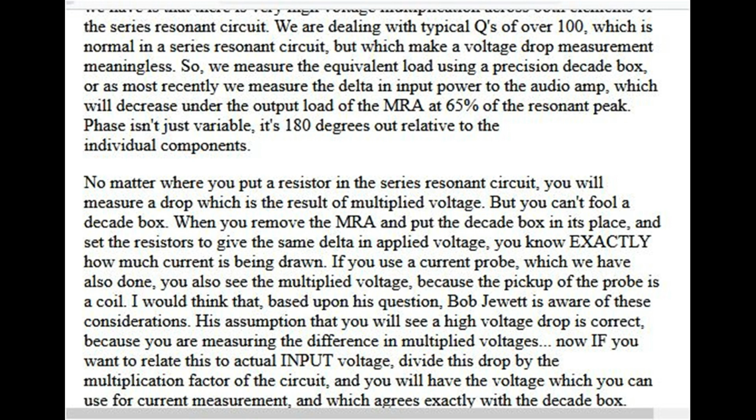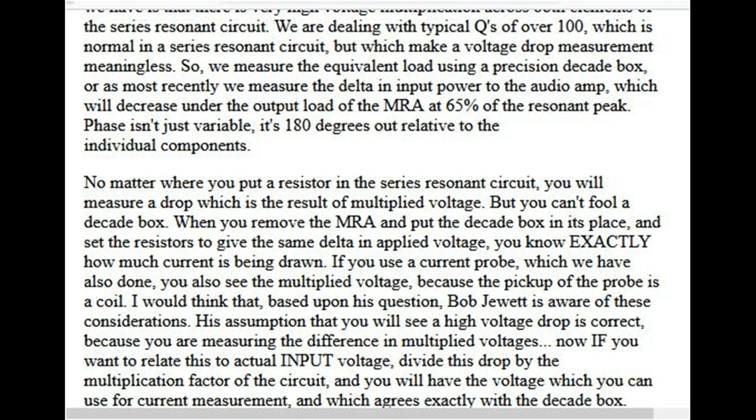But you can't fool a decade box. When you remove the MRA and put the decade box in its place, and set the resistors to give the same delta in applied voltage, you know exactly how much current is being drawn. If you use a current probe, which we have also done, you also see the multiplied voltage, because the pickup of the probe is a coil.